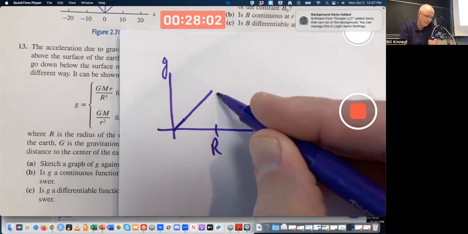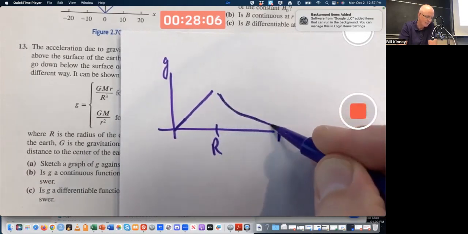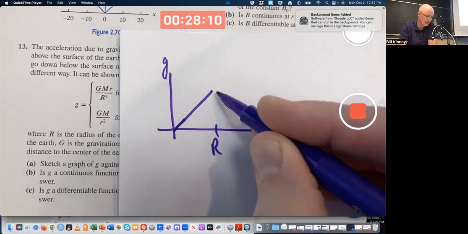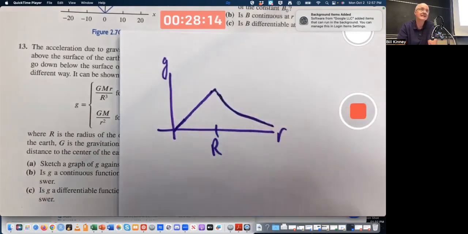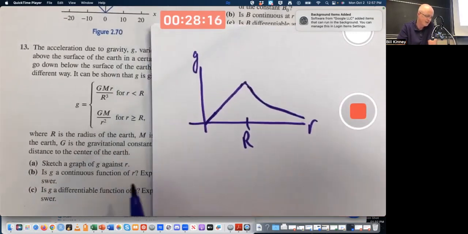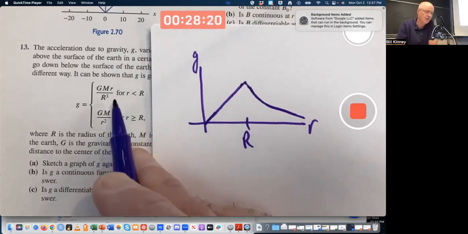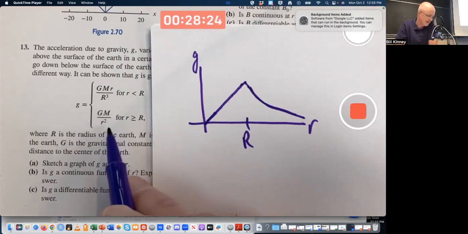Decreasing and concave up, in fact. And I'm drawing this in such a way that I purposely made these separate here, separated. But should they come together, should this be a continuous function? It actually is continuous, and I hope that makes some intuitive sense. And in fact, if you plug in little r equals capital R into either one of these expressions, you get the same value.